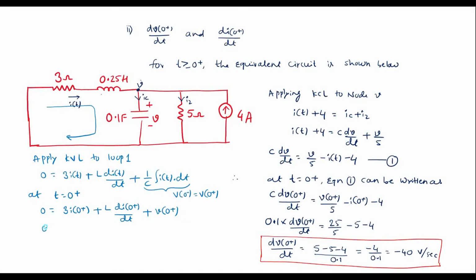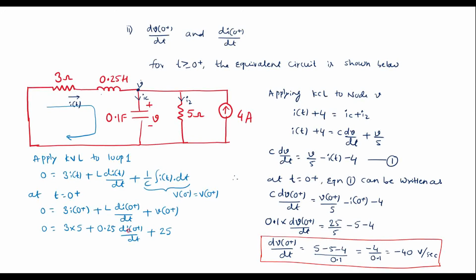So this is V of 0+. Simplifying this, 0 is equal to 3 into, already we have found I of 0+ and its value is 5, plus L value is 0.25 into di of 0+ by dt, plus V of 0+ is already found, that is 25.